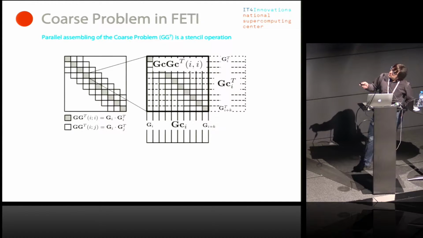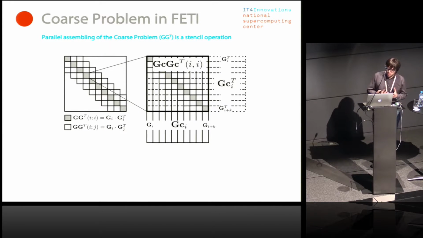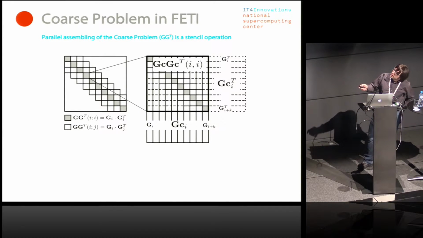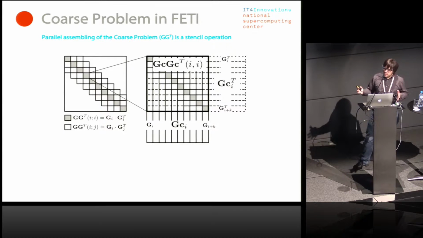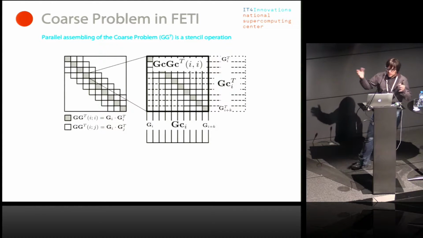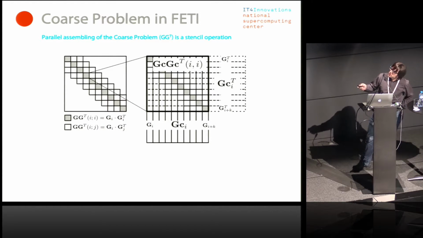Then you can calculate the coarse problem on the MPI process, which is shown here, and then every MPI process sends its part, and we're using a binary tree reduction to assemble this global coarse problem matrix, until finally the root, MPI process number zero, gets the entire matrix.